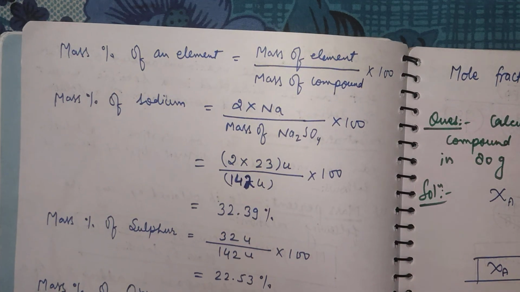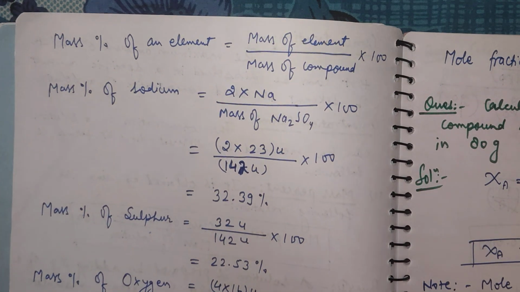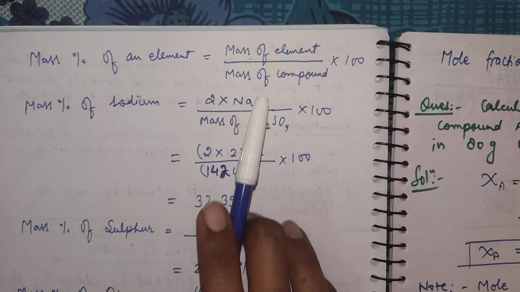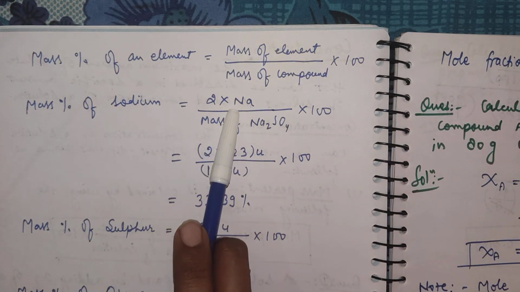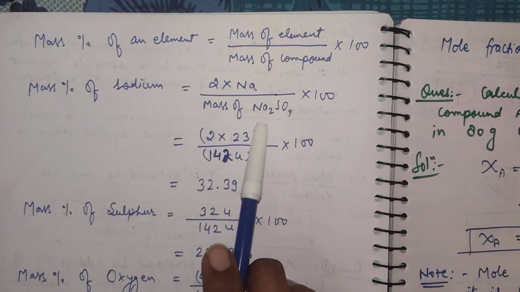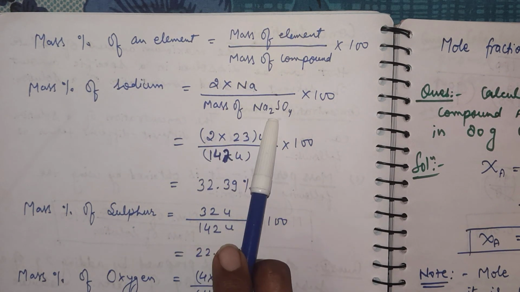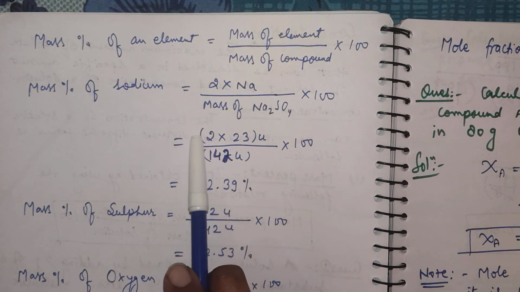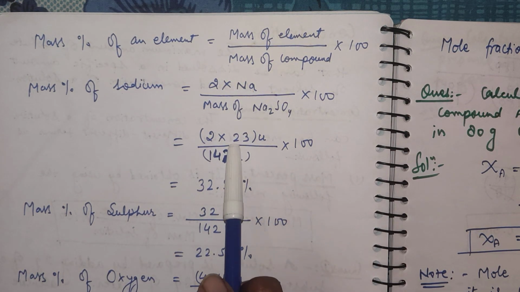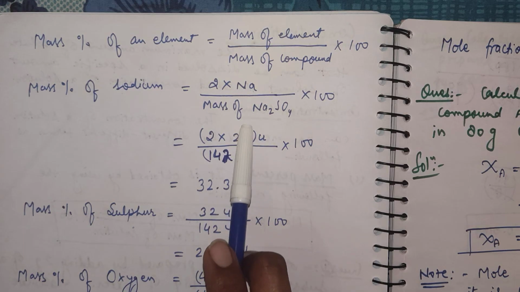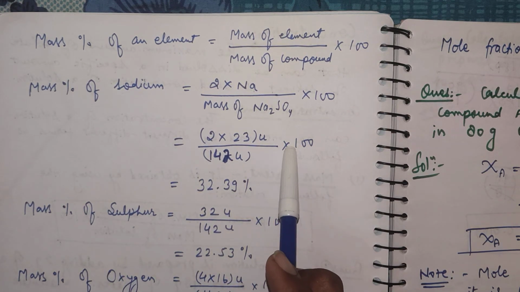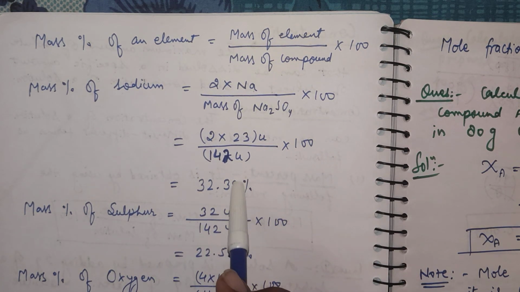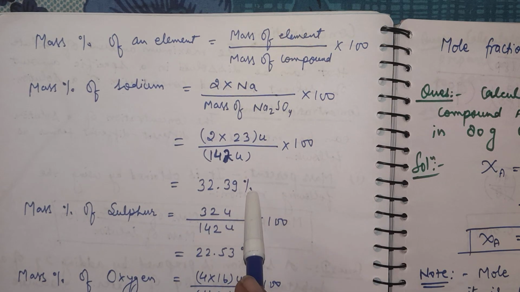Mass percent of an element is equal to mass of element upon mass of compound multiplied by 100. Mass percent of sodium: putting the values in the formula, 2 into Na upon mass of sodium sulfate into 100. The atomic mass of Na is 23 unit, and the mass of sodium sulfate, calculated easily, is 142 unit. On solving, we get 32.39%.